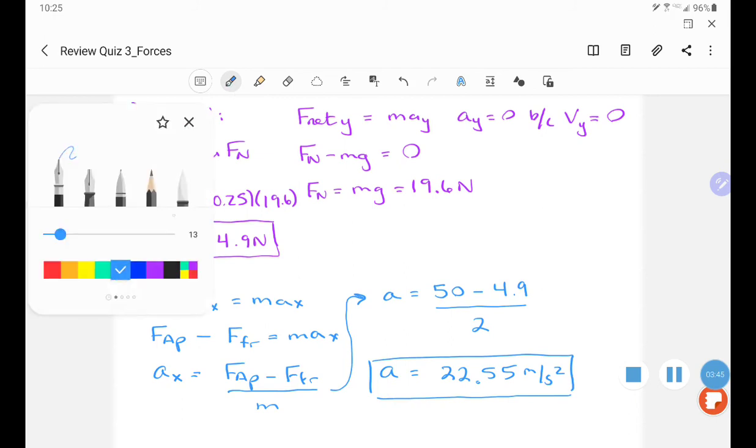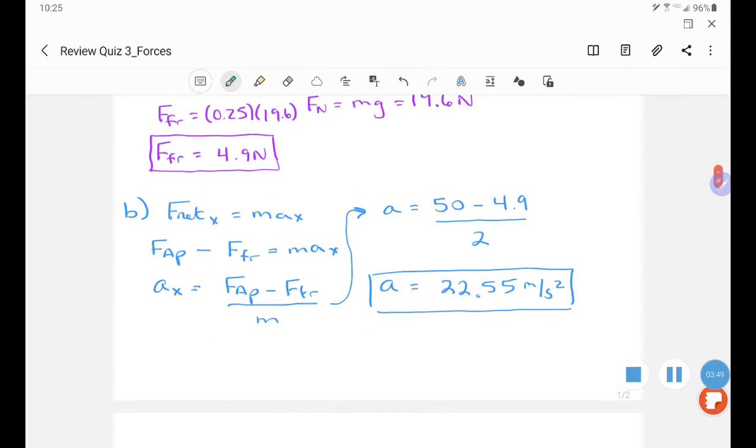All right. Lastly, for part C, which I will do, hopefully squeeze it right down here. Part C asks for the distance that the object traveled if its final velocity reaches 5 meters per second.